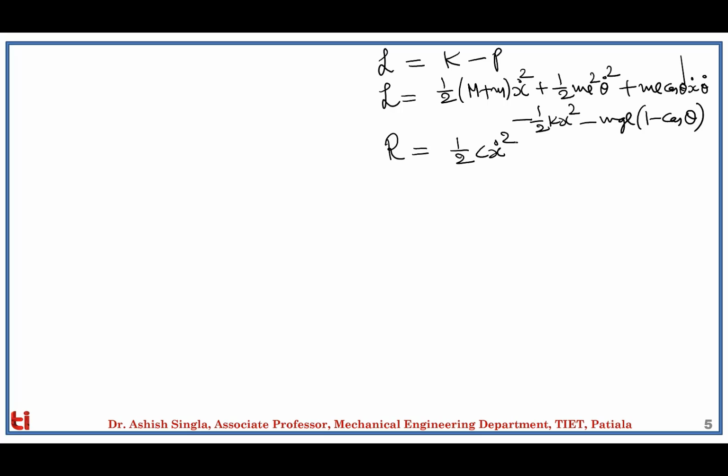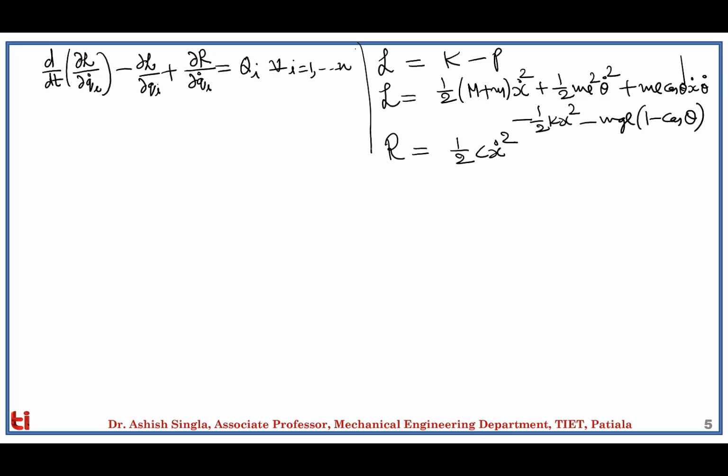So now we are in a position to apply the Lagrange equations, which are given as d by dt of del L by del qi dot minus del L by del qi plus del R by del qi dot is equal to capital Qi for all i goes from 1 up to n, where n is the number of degrees of freedom of the system.